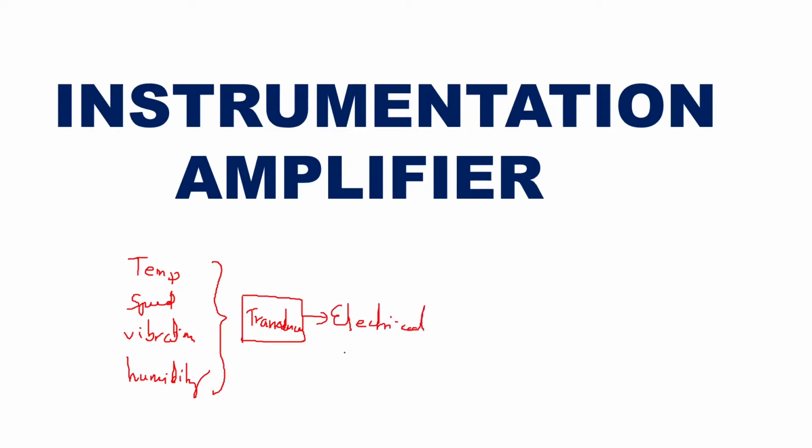the output, whatever it is, voltage or current, will be low in magnitude, and it will be interfered with by many noise and other types of interferences.